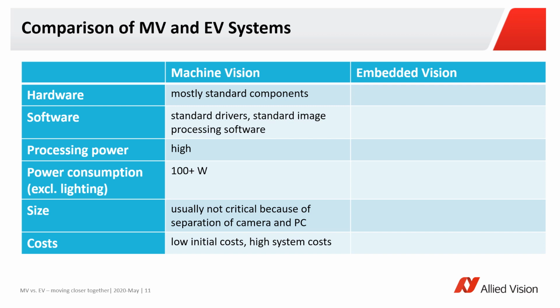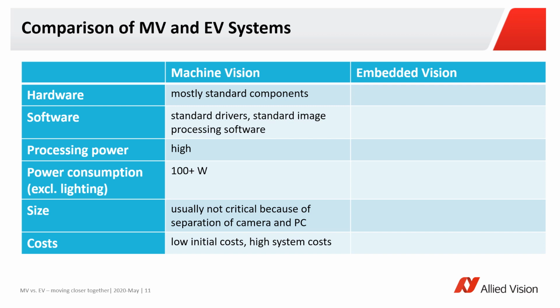The processing power which is available if a server class PC system is used is quite high, but so is also the power consumption, usually above 100 watts. The size is not as critical because, as I've shown before, the camera is separated from the PC system. So the overall system size for the PC is not as important because it's away from the production line.